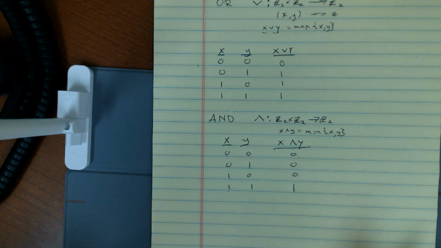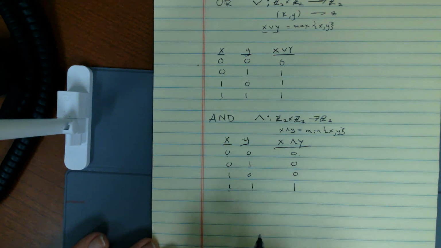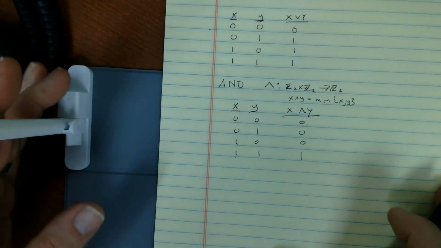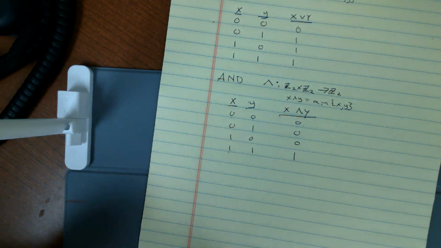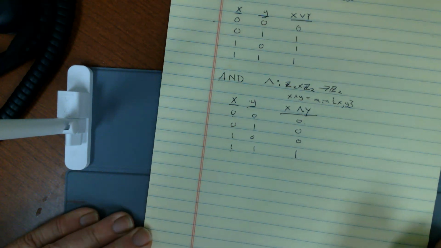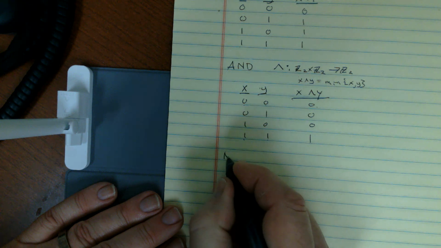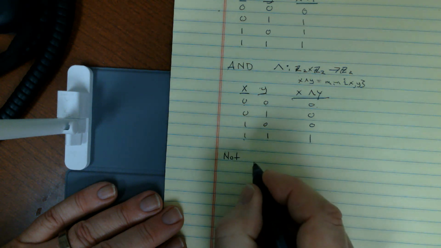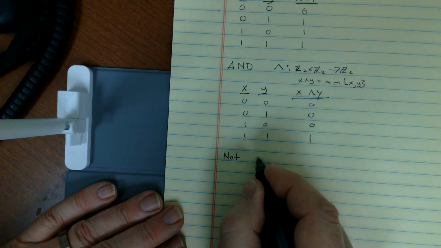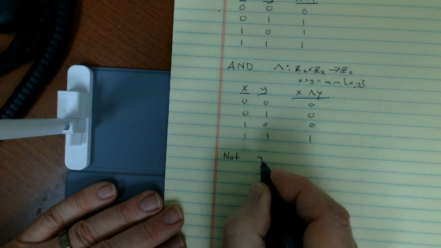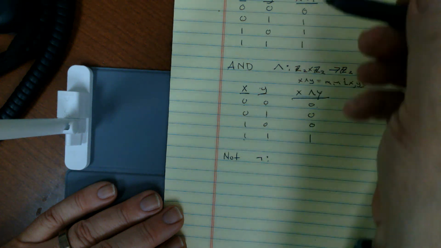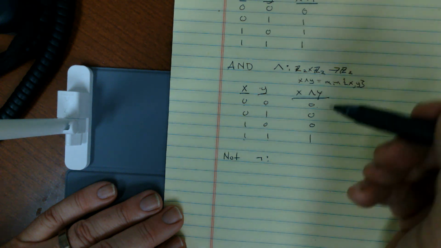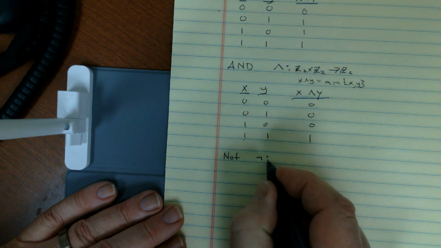We do have some laws that are associated with this, but let me just give a new page. Actually, one more operation before I'm ready for that. We have not. Okay. Not is done a number of ways. I've chosen this operator, and it's different from the two, whereas these are binary operations that work on two things.